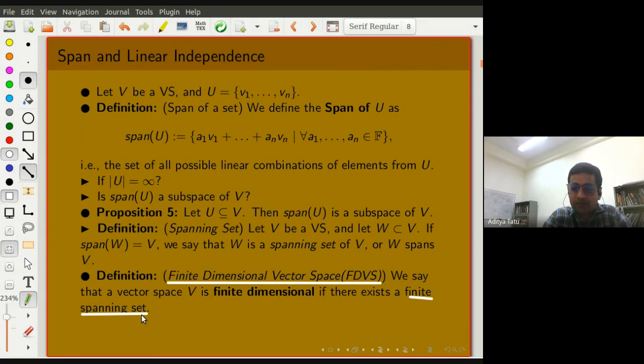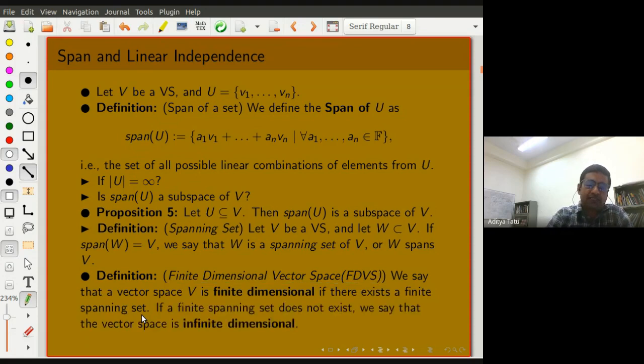Of course, note that we have not yet defined what we mean by the dimension of a vector space, but we are defining the phrase finite dimensional vector space over here. So as of now we do not know the dimension of a given vector space, but we do know what it means to say that a vector space is finite dimensional. And the complement to this is an infinite dimensional vector space, in which there does not exist any finite spanning set.